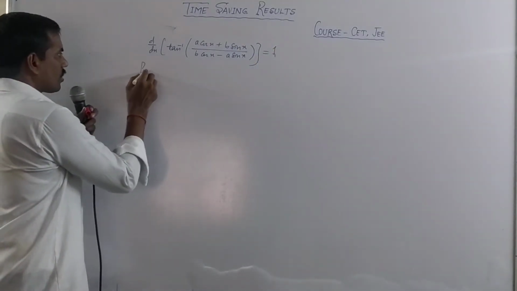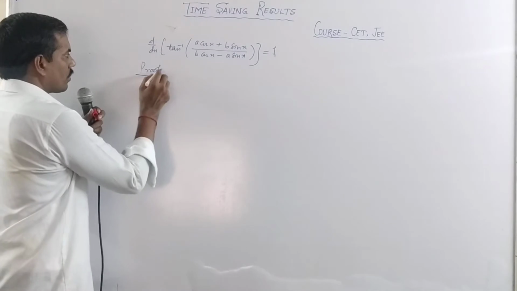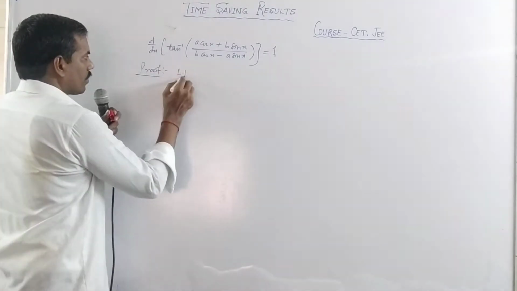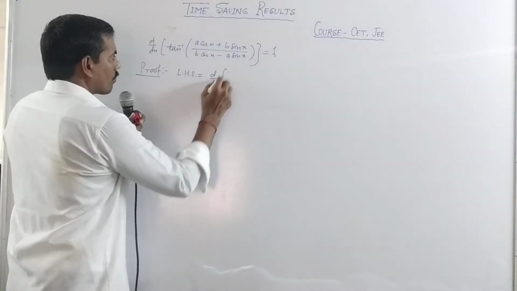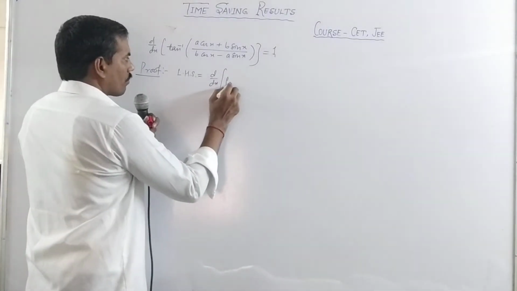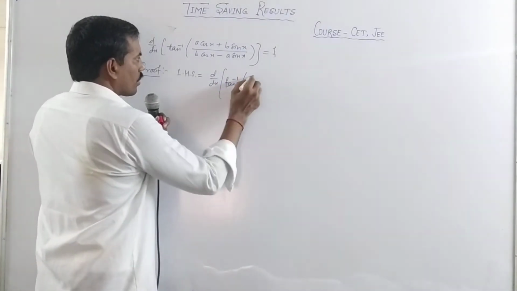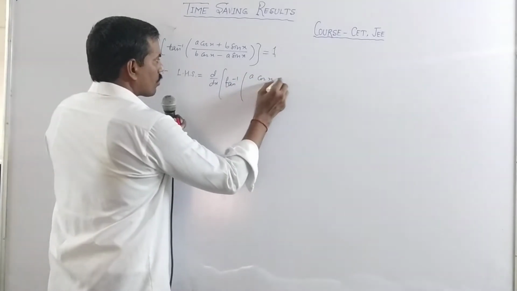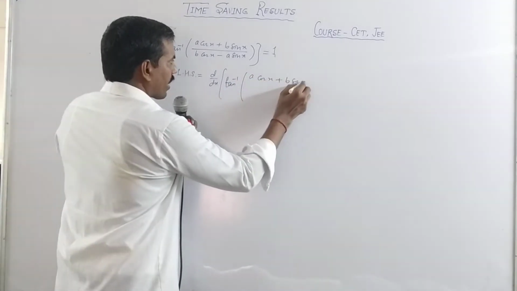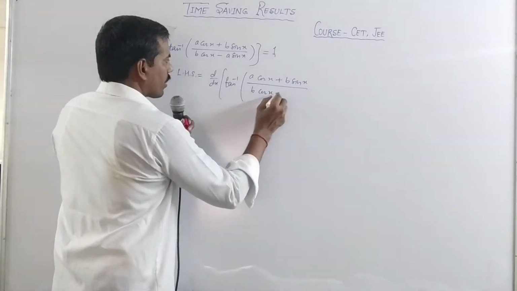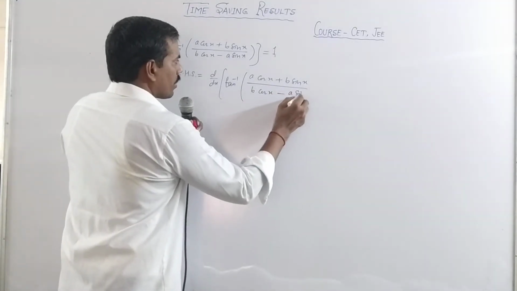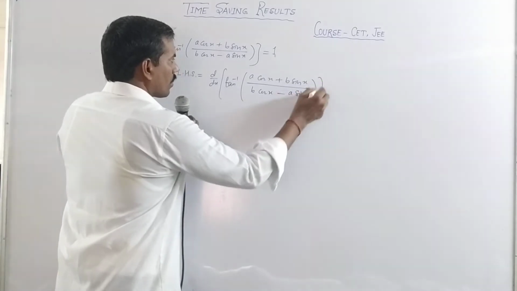Proof of this result: taking the left-hand side, it is equal to d by dx of tan inverse of (a cos x plus b sin x) whole divided by (b cos x minus a sin x).